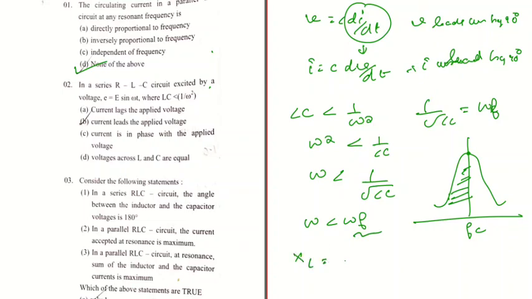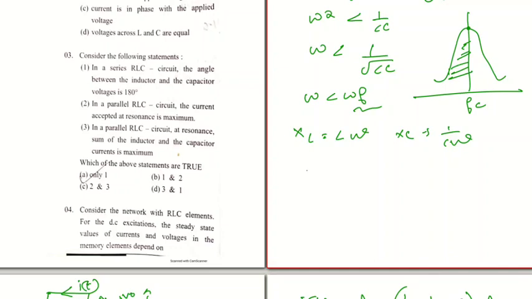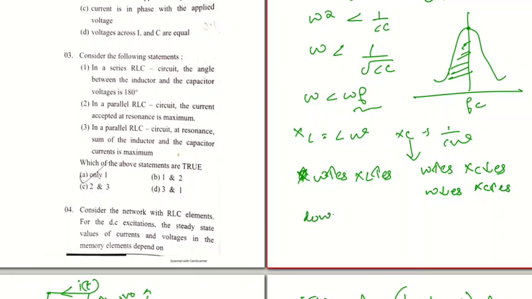So XL is actually L omega and XC is actually 1 divided by C omega. From here we can find out that inductive reactance increases when omega increases, and vice versa. In the capacitive reactance case, when omega increases, capacitive reactance decreases, and if omega decreases, capacitive reactance increases. That means at low frequencies XC is greater than XL.